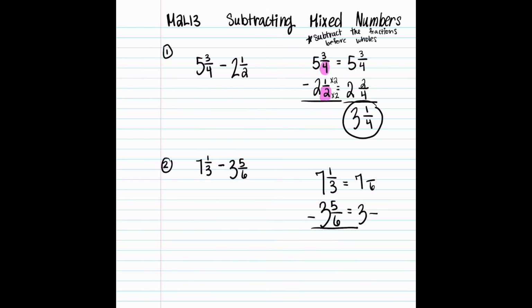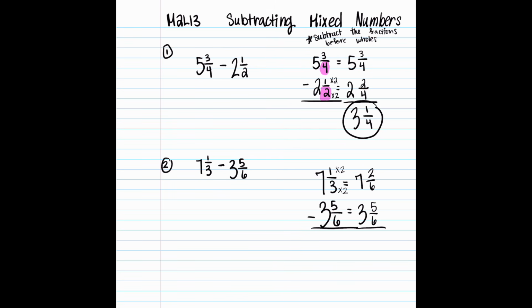So I want 6 to be my denominator on both of these mixed numbers. Now, to get from 3 to 6, I have to multiply by 2, so I need to do the same to the top. Same down here, I already have 6 as my denominator, so I'm just going to keep that same fraction.